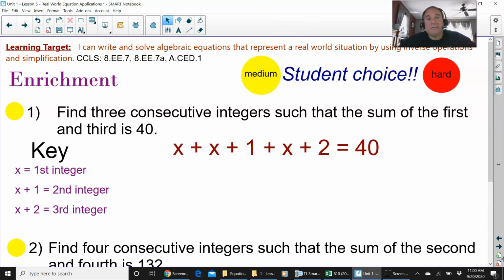So did you try it? Okay, this one is a little bit difficult, a little tricky. It says find 3 consecutive integers such that the sum of the first and the third is 40.